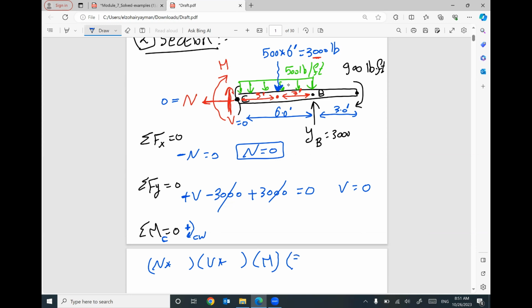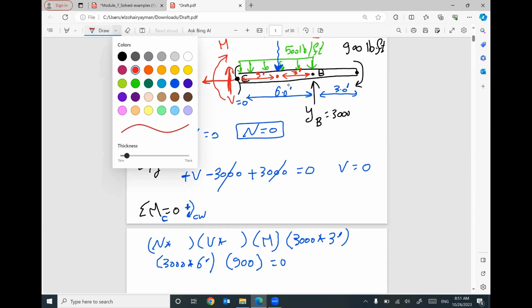And we have 3000 times distance 3 feet. And we have another 3000, the reaction YB, times distance 6 feet. And we have another moment, 900, which does not need distance, equal 0.